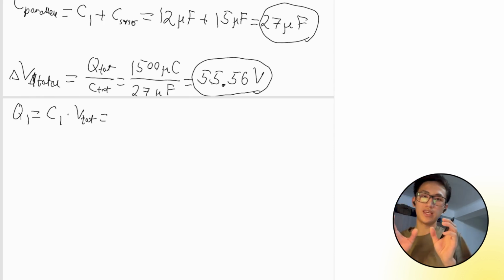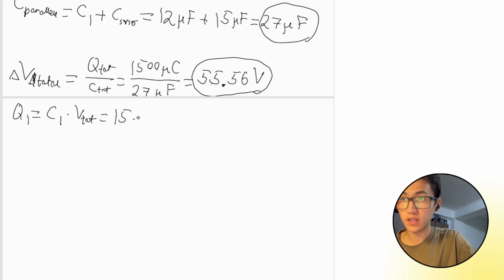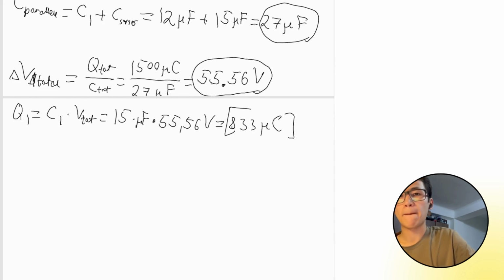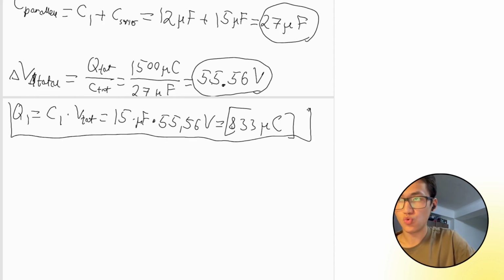Because C1 and the two series capacitors are parallel, their voltage is the same. C1 is 15 microfarad multiplied by this voltage. From this, we found 833 microcoulomb. Is it clear? I hope it's clear. And this is for Q1.